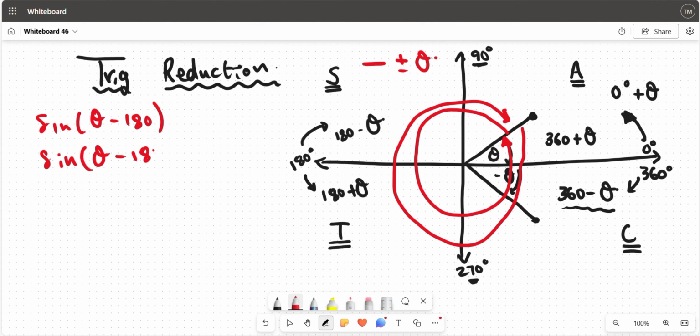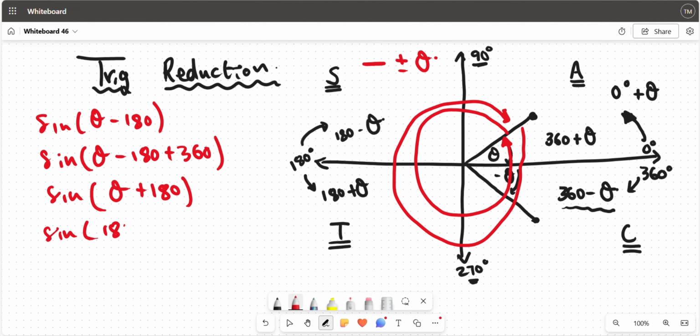If I add 360, it gives me sine of theta plus 180. And this, if I just rearrange it, is 180 plus theta. And 180 plus theta puts sine in this quadrant, and sine in that quadrant is negative.